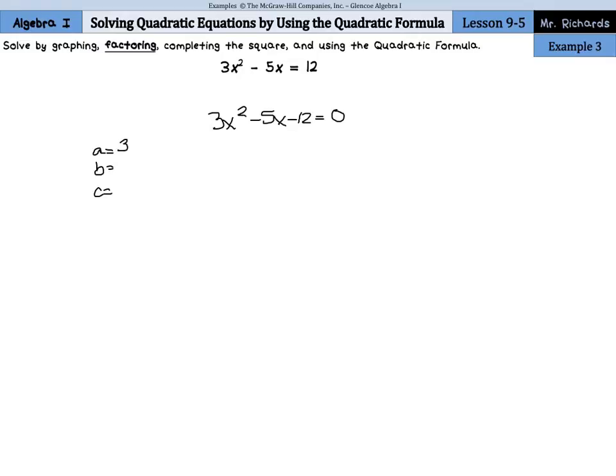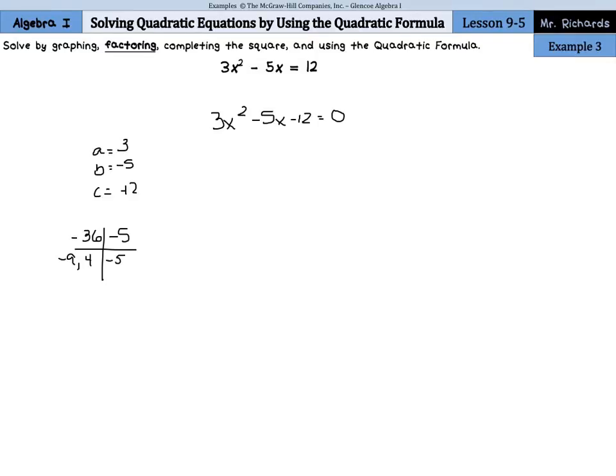A is 3, B is negative 5, C is negative 12, and so we're going to be looking for a product of A and C, that's negative 36, that adds up to negative 5. Well, that would result with negative 9 times 4, and that adds up to negative 5.